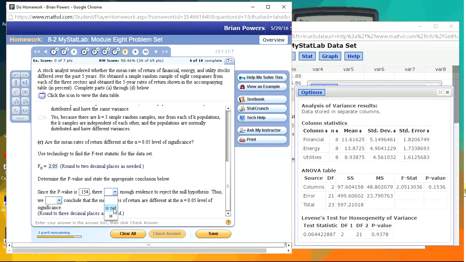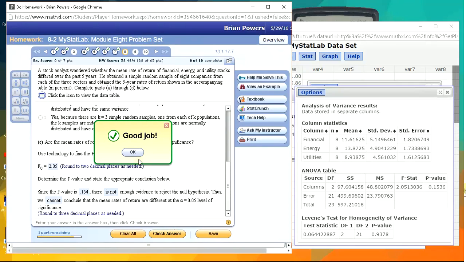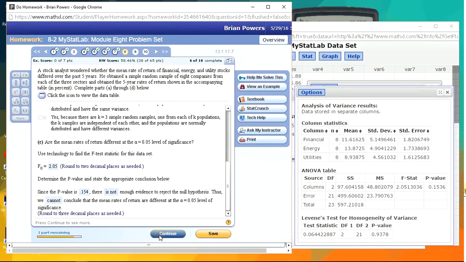There is not enough evidence to reject the null hypothesis. If we're doing this at an alpha of 0.05, we need a small p-value, smaller than 0.05. It's not. So we cannot reject the null hypothesis that the mean rates are different. So we would stick with that null hypothesis that the means are all the same.